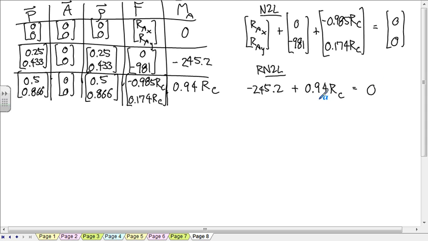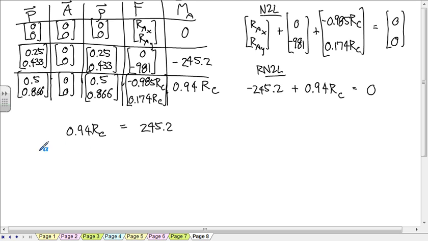Okay, so you could solve for RC here, substitute it into the first one and calculate RAX, RAY. Or you could set it up as a system of equations. So we have 0.94 RC is equal to 245.2.